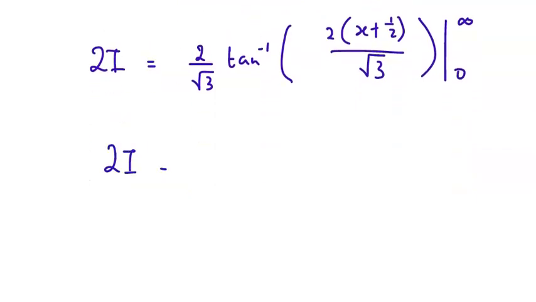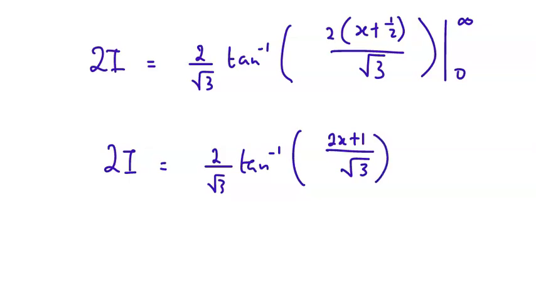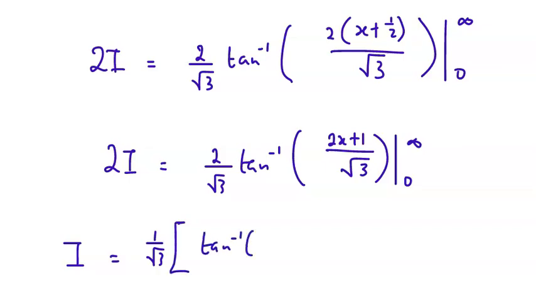So here we have 2I is equal to 2 divided by root 3 times the inverse tangent of 2x plus 1, then divided by the square root of 3 from 0 to infinity. So here we can divide both sides by 2. We get I is equal to 1 over root 3 into bracket, put the upper limit. That will give us the inverse tangent of infinity, minus, put the lower limit. That will give us the inverse tangent of 1 over root 3.